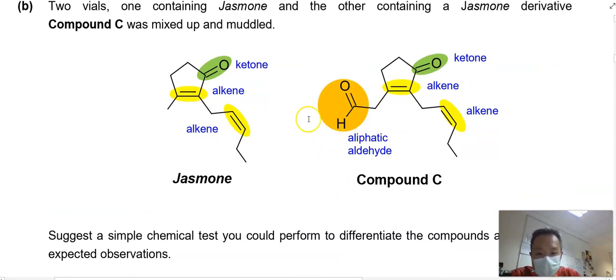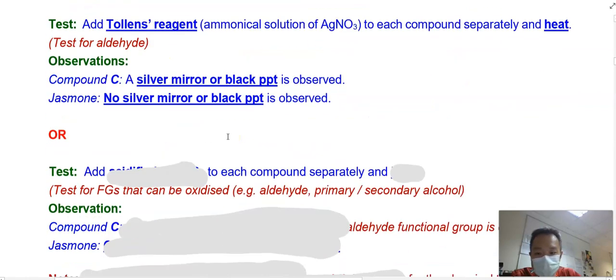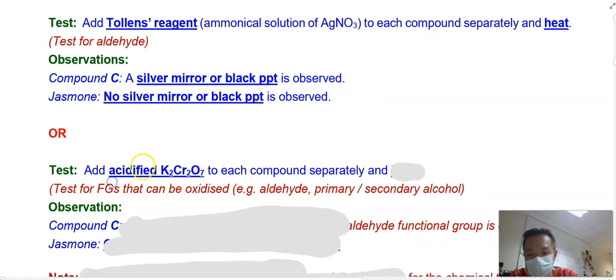We can also make use of the fact that the aldehyde can be oxidized to do a distinguishing test. Aldehyde can be oxidized to form a carboxylic acid. So we can also consider using potassium dichromate to oxidize the aliphatic aldehyde, whereas Jasmine cannot be oxidized by potassium dichromate. So we use acidified potassium dichromate and heat, where the aldehyde can be oxidized.